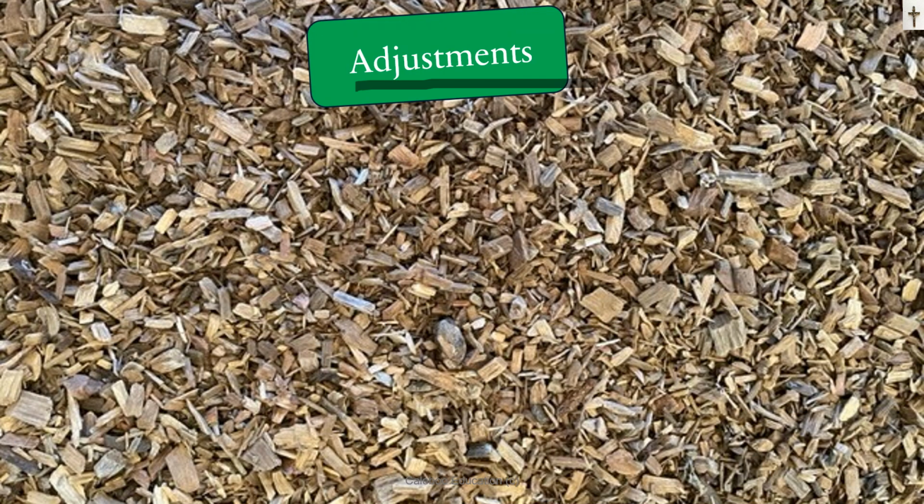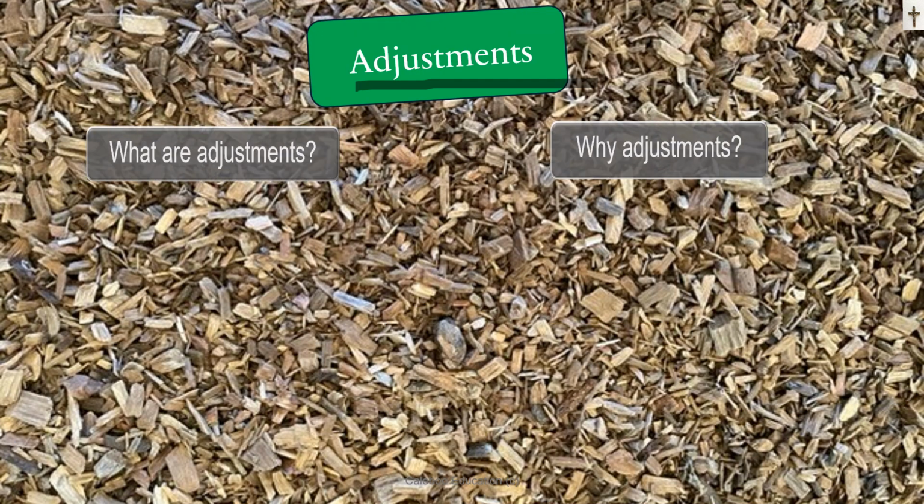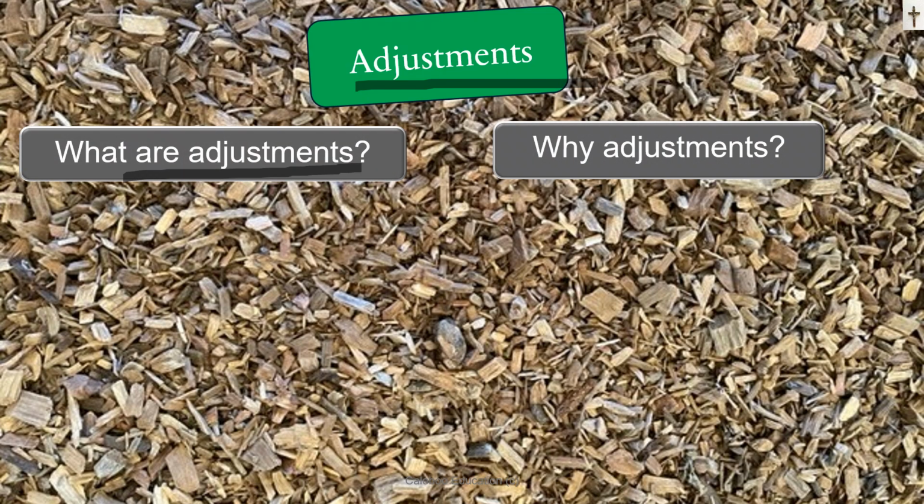So adjustments. What are adjustments? Why do we do adjustments? Adjustments are transactions done at the end of the year, our financial year end, to truly reflect the financial result and financial position.